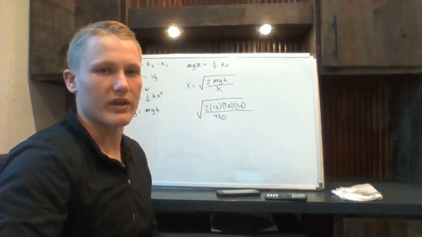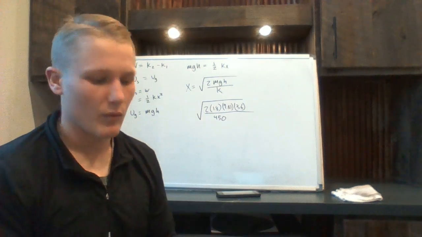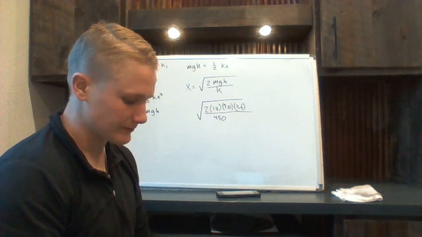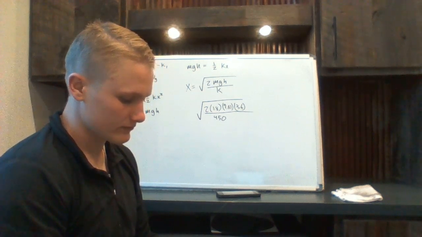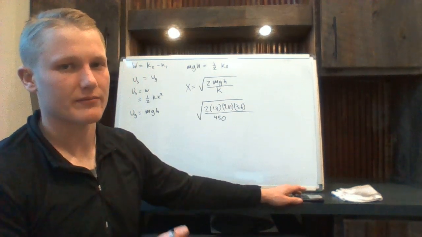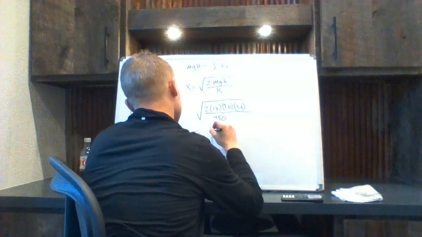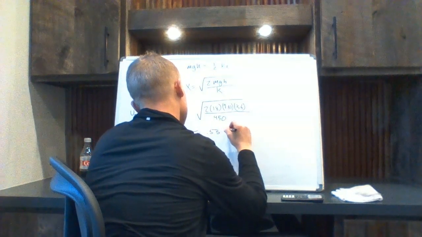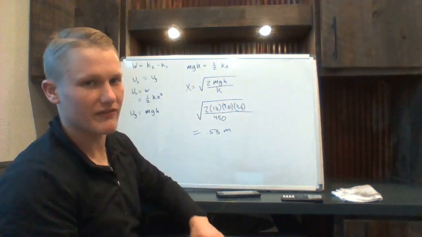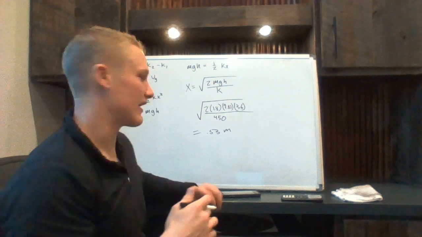And when we add all of our values into my calculator, we got 0.53 meters. So you need to compress the spring 0.53 meters in order for it to launch the brick 3.6 meters in the air.